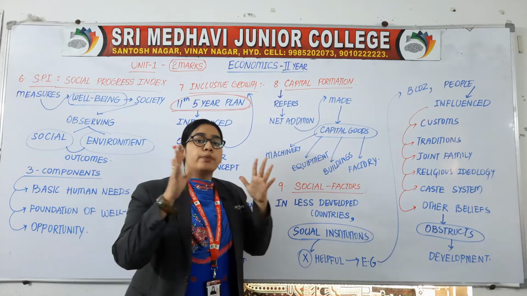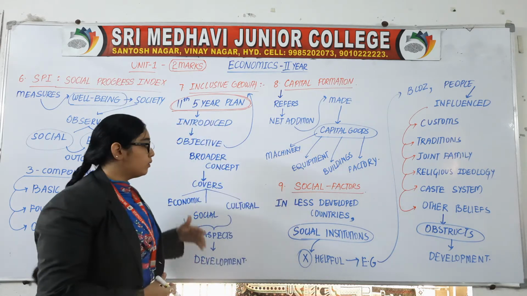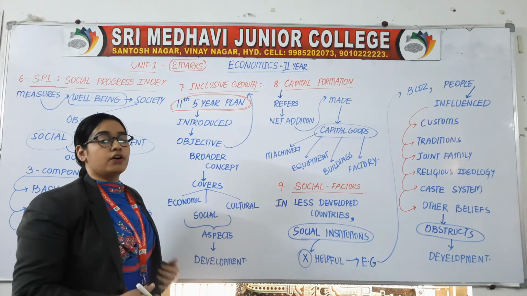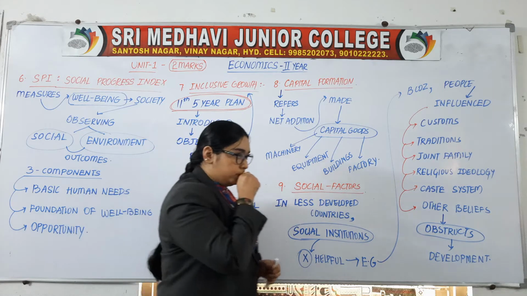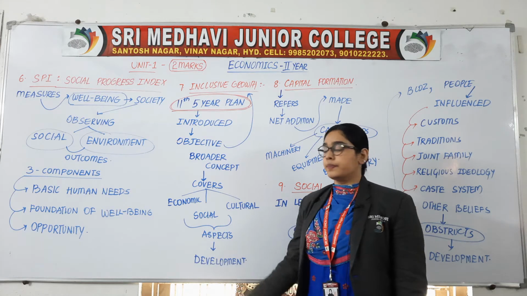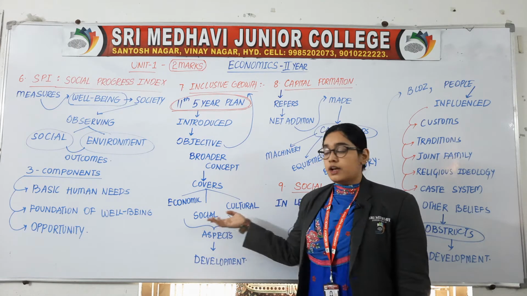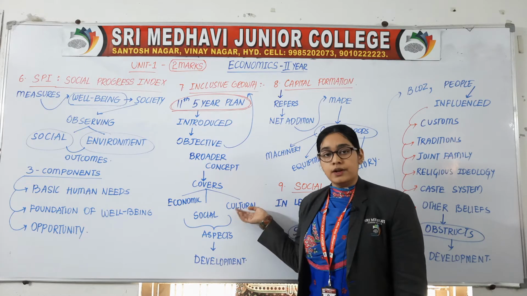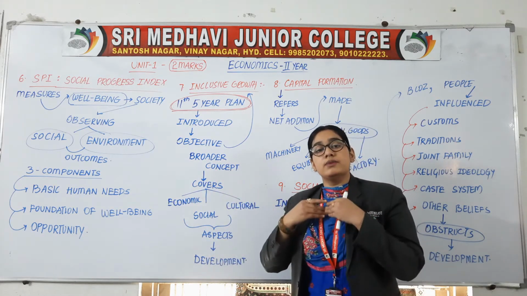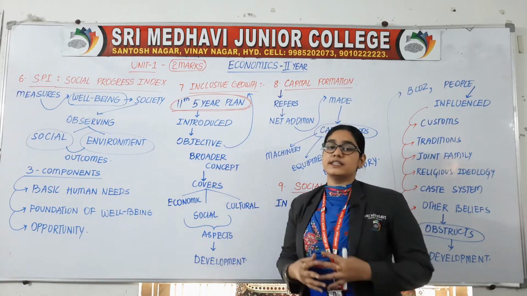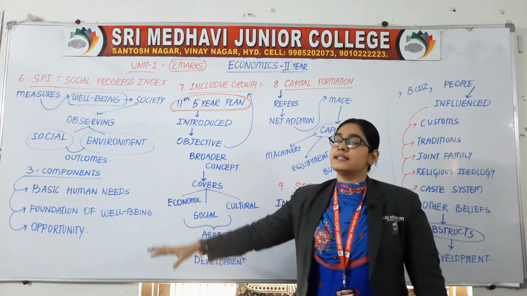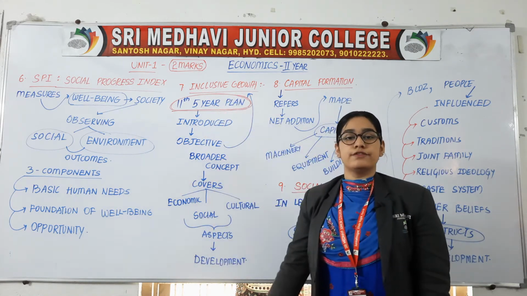Now, it is a broader concept which covers economic, social and cultural aspects of development. Whatever the concepts of economic terms, whatever the concepts of social, and whatever the concepts are there for the cultural, all these aspects related with economic, related with social, related with all the cultural things, will come under one broader concept, that is inclusive growth.